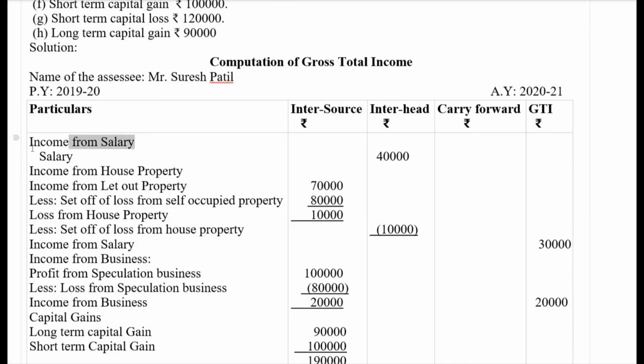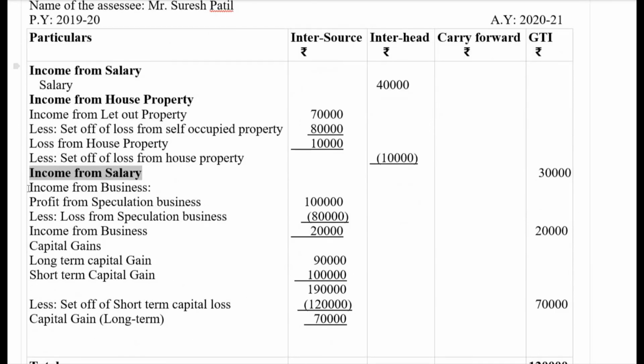So this is income from salary. Then this is income from house property head. Then income from business.